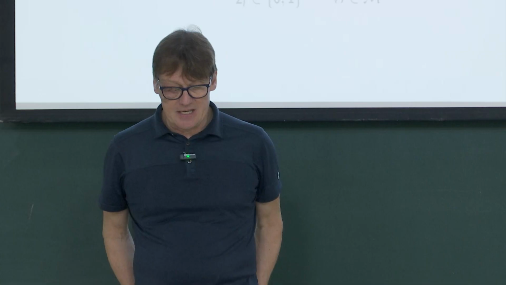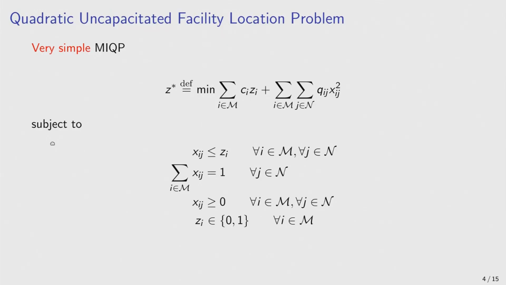If a facility is not opened, then I can't supply any customers. So that's this first constraint here. And every customer wants 100% of their demand satisfied. So that's the second constraint here. But notice the Xij are continuous variables.